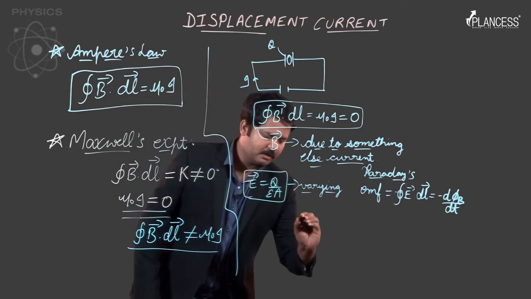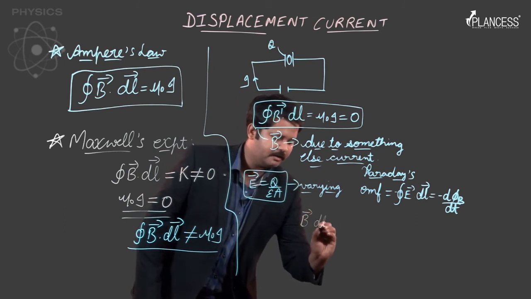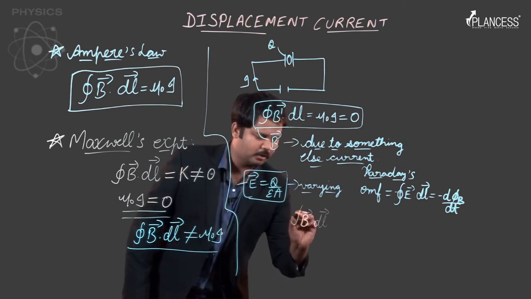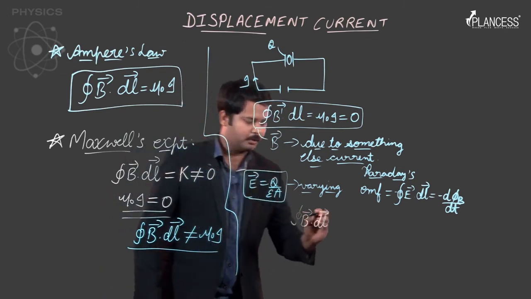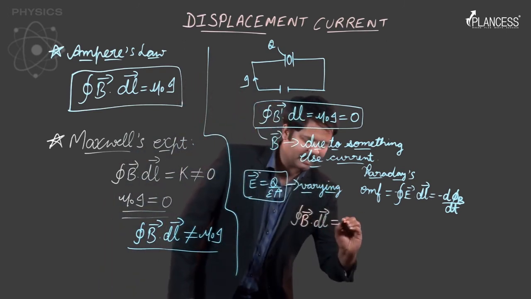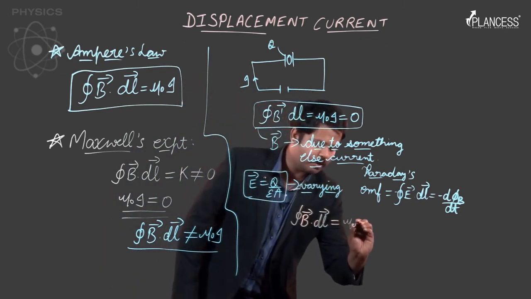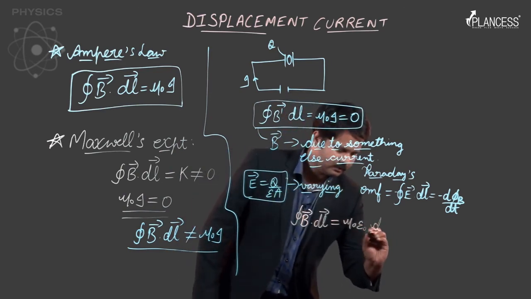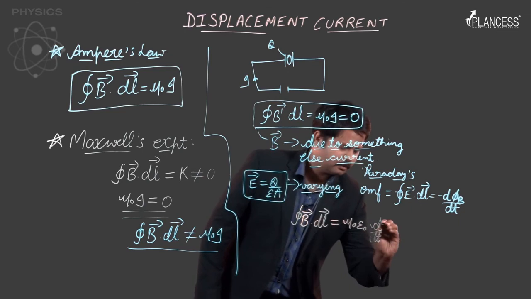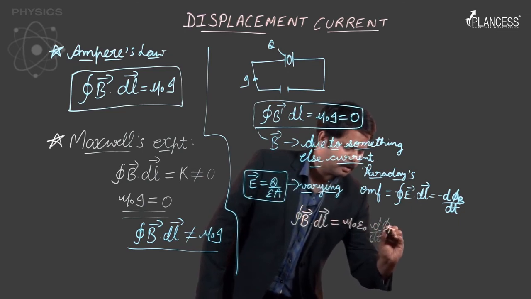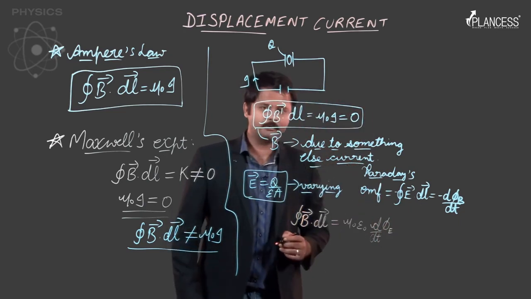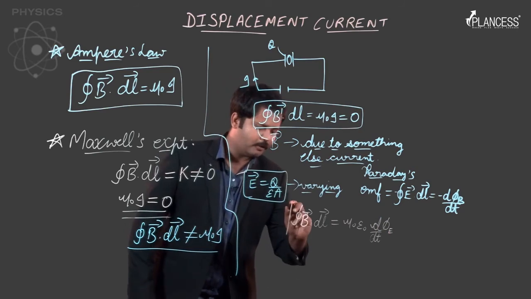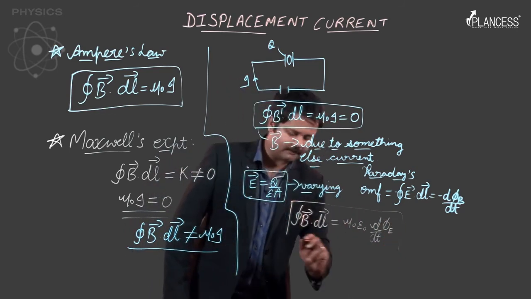The expression that he gave was integral B dot dl across this closed loop. If we want to calculate it, it can be calculated as the formula mu naught epsilon naught d by dt of the electric flux across this loop. So this is the formula that Maxwell gave us.